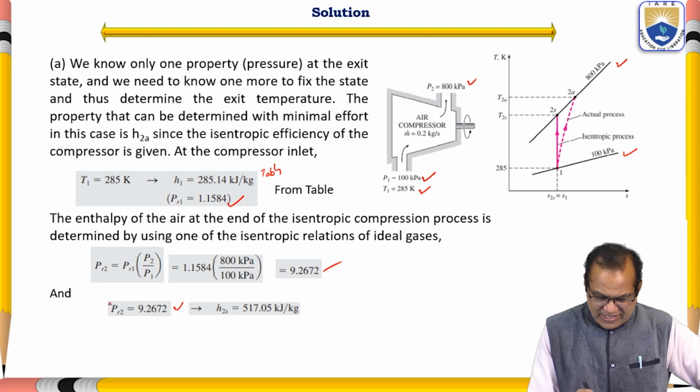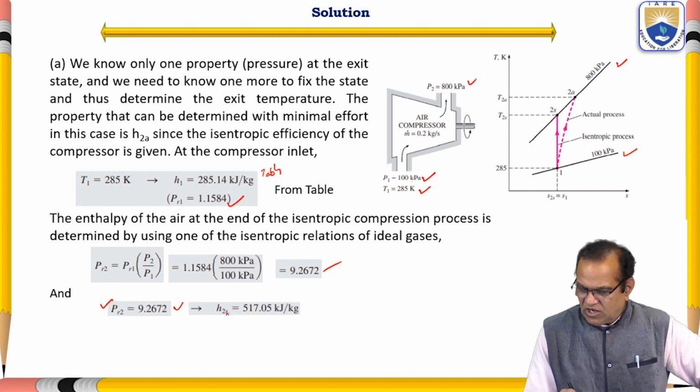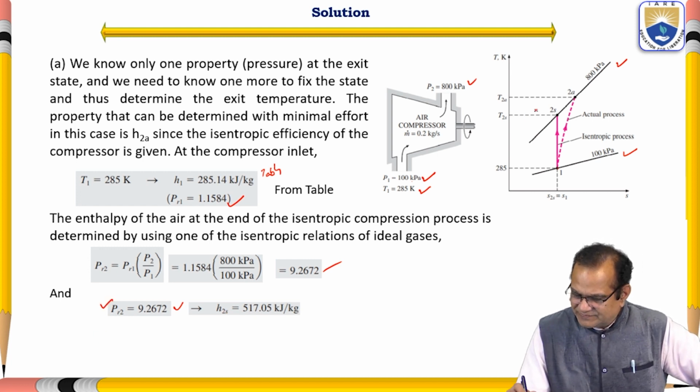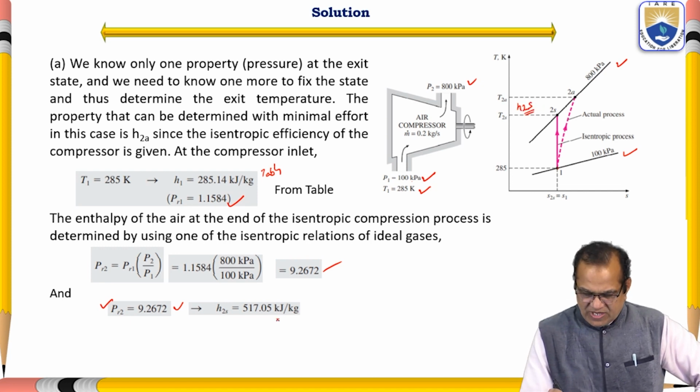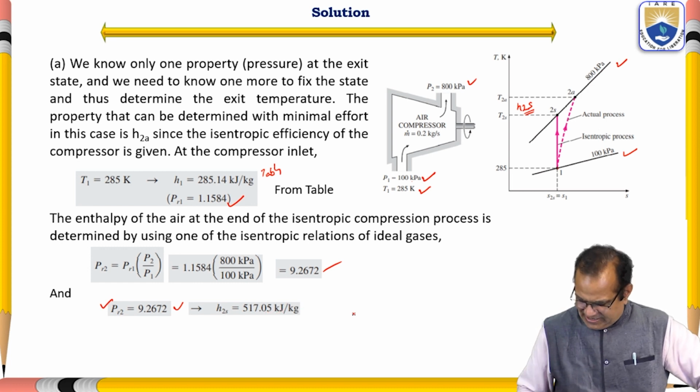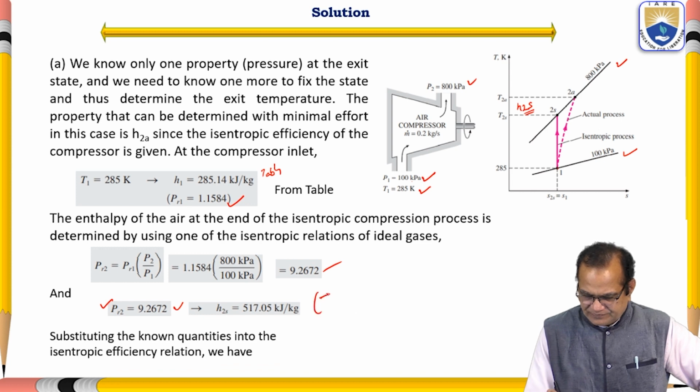So at this pressure ratio we can get H2s from the table. We will get H2s equal to 517.05 kilojoule per kg, and this is also from the table.